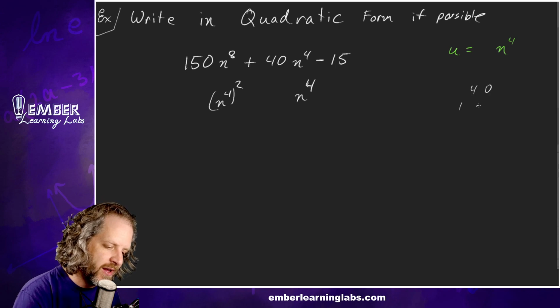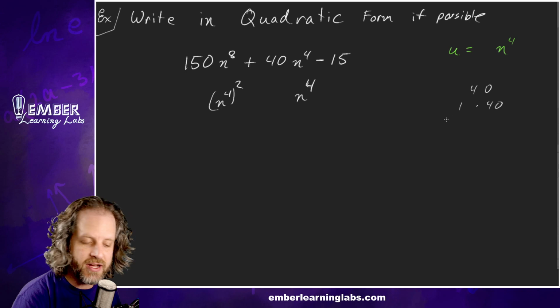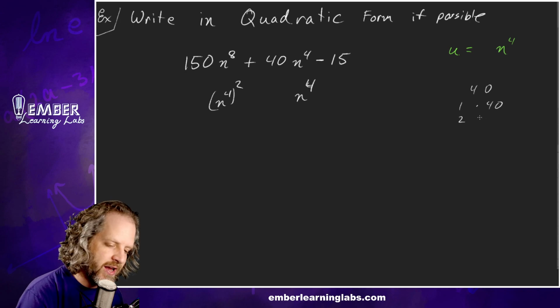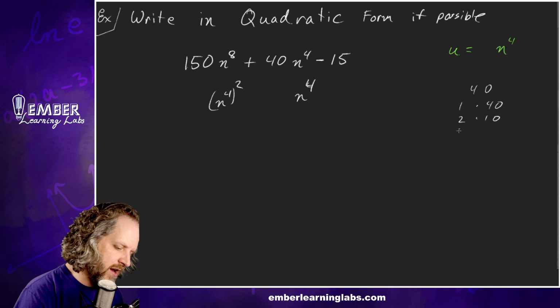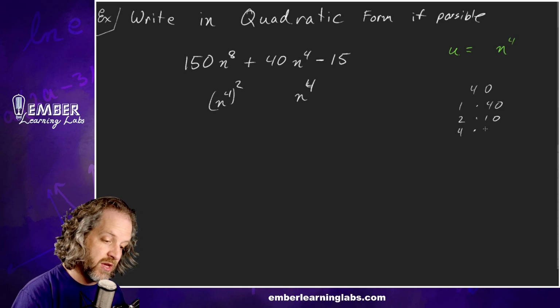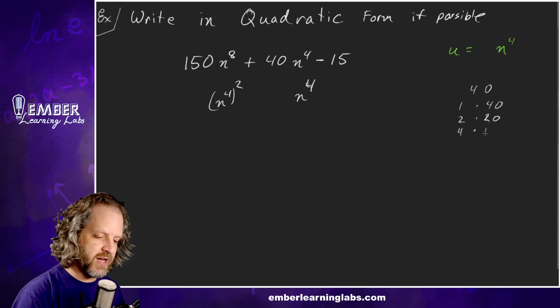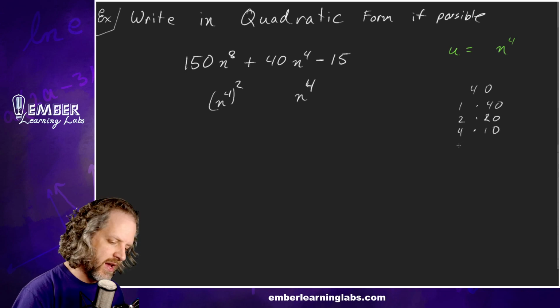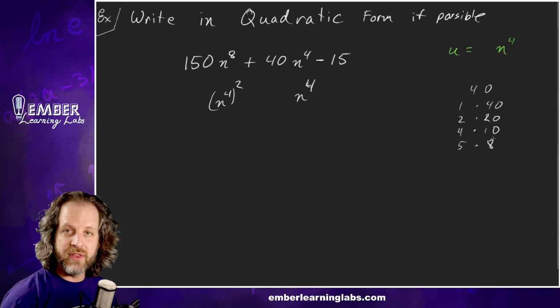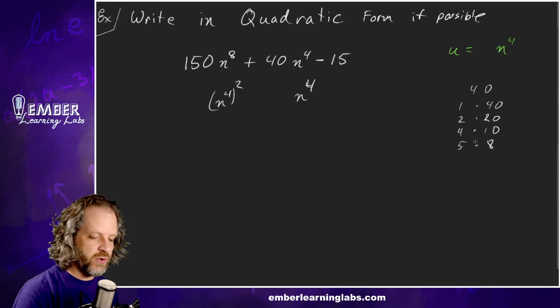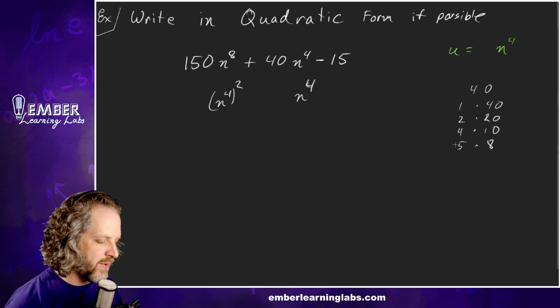Well, 1 and 40, that one's useless in this context, but we'll write it down anyway. 2 times 20, 4 times 10, and 5 times 8. Those are the factors of 40. We can switch the order, but we're not even worried about the order right now.